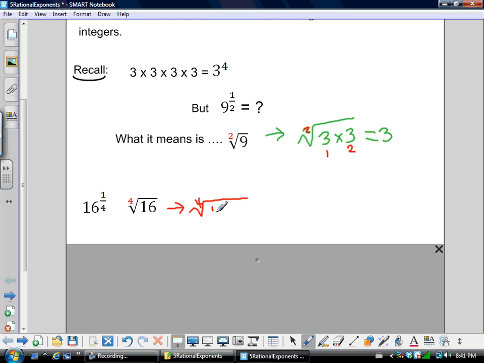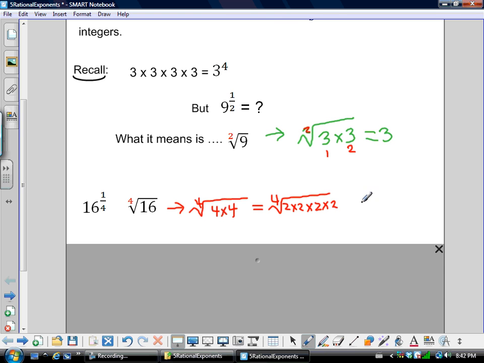Now I can think of 4 times 4, but according to this, I need 4 identical numbers. Well, I also know I could rewrite the 4 times 4 as 2 times 2 times 2 times 2, right? Because if I multiply these 2's together, I get the number 16.